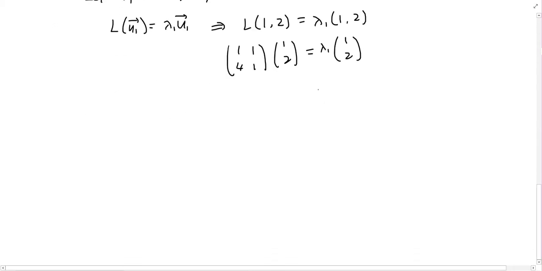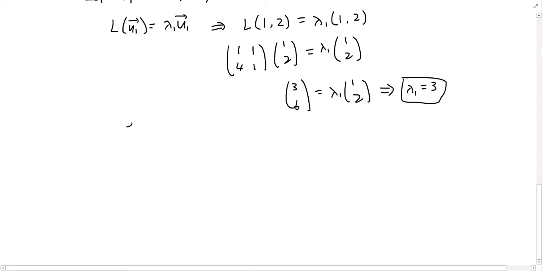The right side would just be lambda 1 times (1, 2). On this side, (1, 1) times (1, 2) would be 1 plus 2, which is 3. (4, 1) times (1, 2) would be 4 plus 2, which is 6. So it's clear that lambda 1 must be 3.